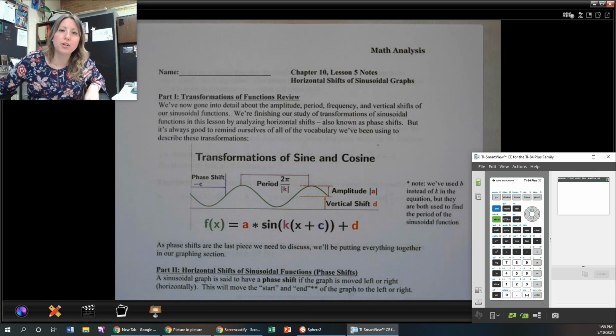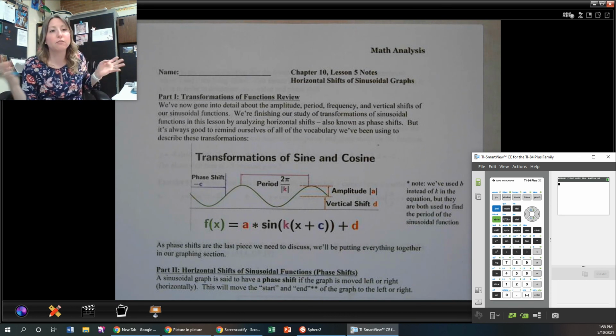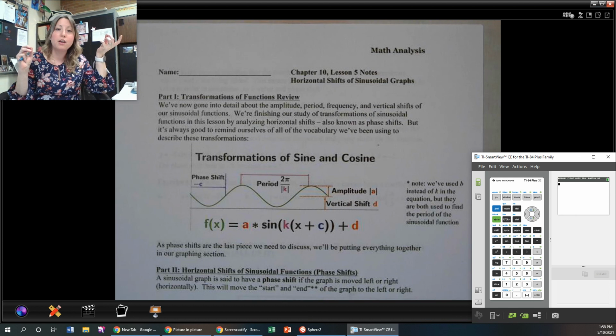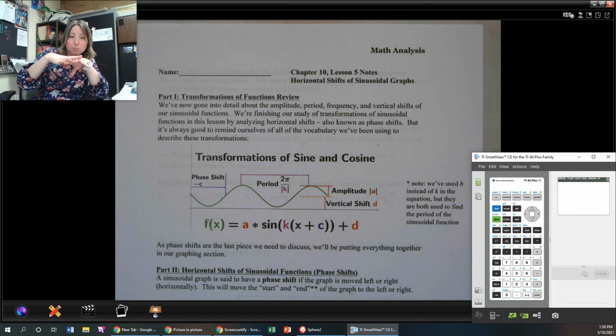Welcome to your Chapter 10, Lesson 5 notes, all about horizontal shifts of your sinusoidal functions. These are also known as phase shifts. These are the things I've kind of left for last out of all of the movements that your sinusoidal graph can go through, right? Your amplitude, we stretch it out or make it smaller.